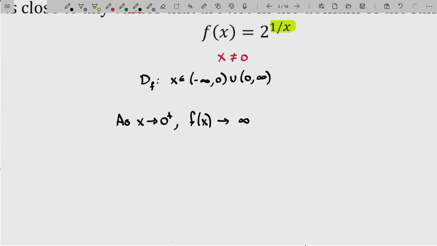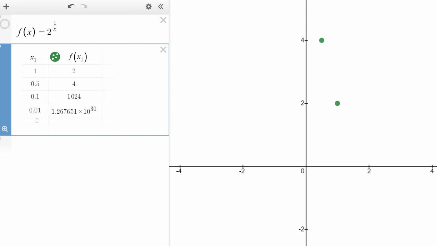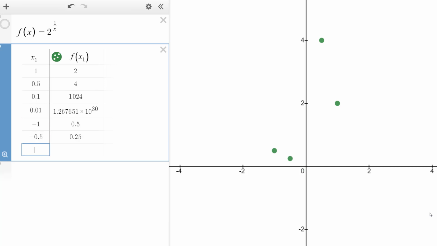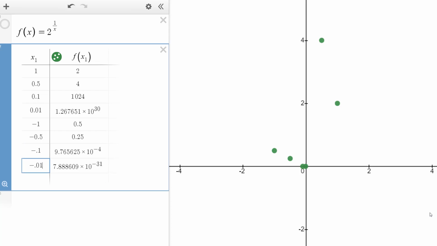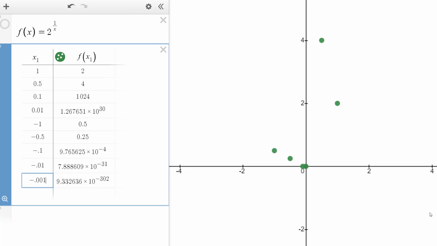We've gone from the right-hand side and we see the function approaching infinity. Now let's try the other side of 0. So I'll plug in negative 1, negative 0.5, negative 0.1, negative 0.01. And if you're not 100% sure about the numbers, you can see 10 to the negative huge power.